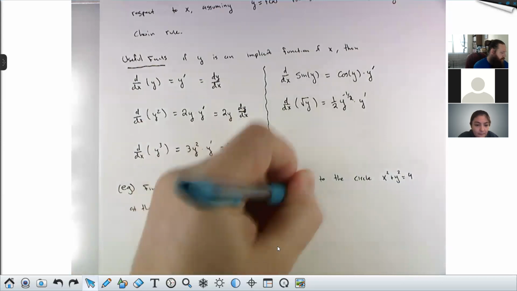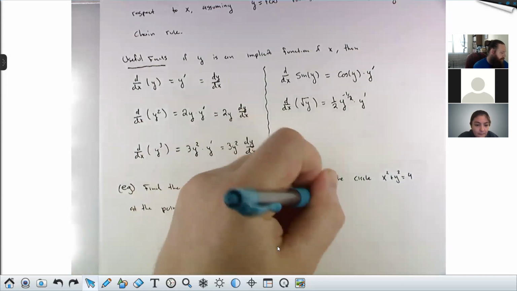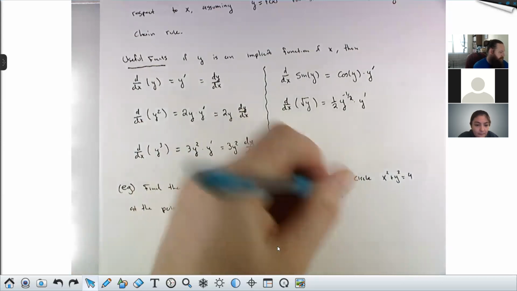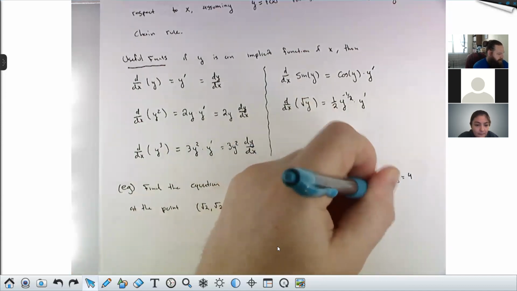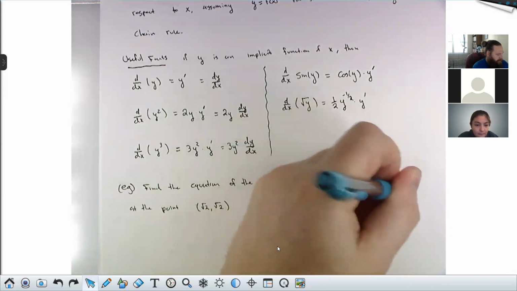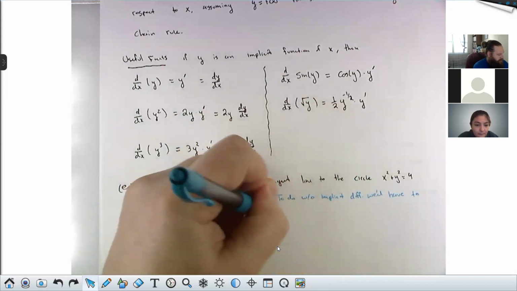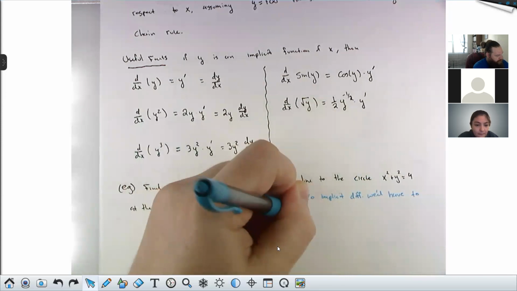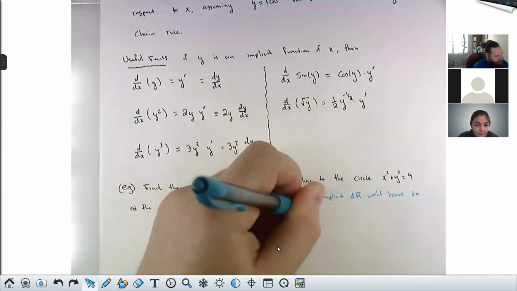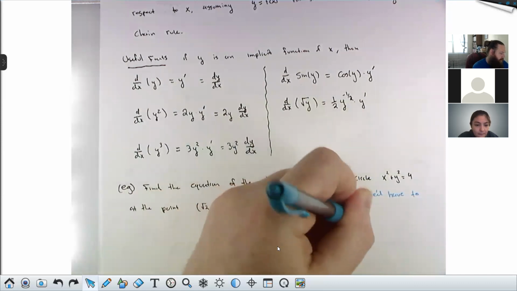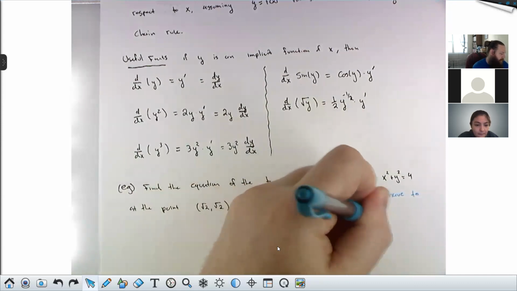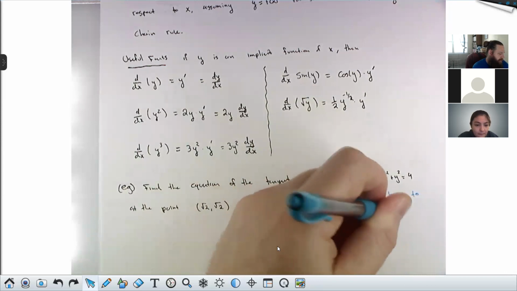To do this without implicit differentiation, we'd have to solve x squared plus y squared equals 4 for y, and you get y equals plus or minus the square root of 4 minus x squared.